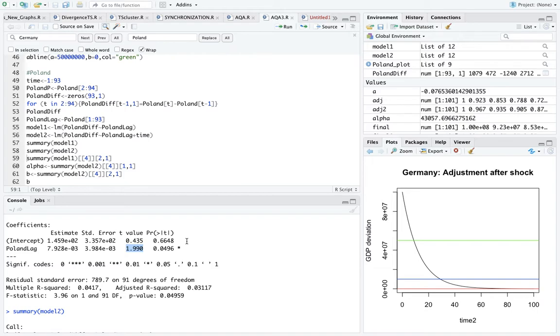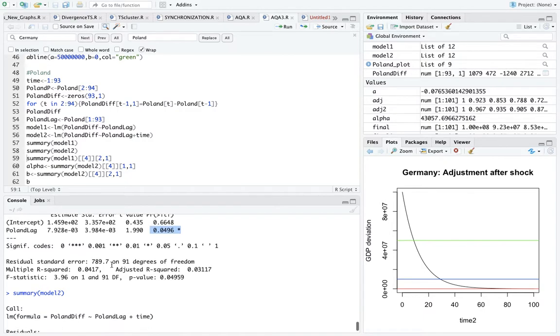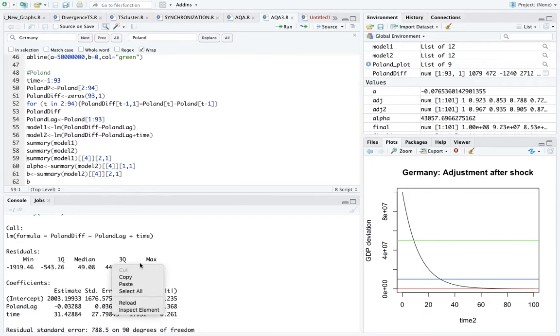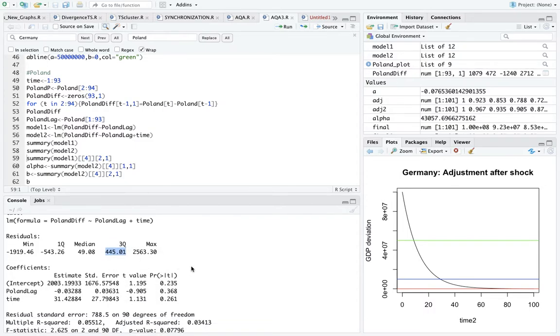So not bad. So we actually have here some evidence that maybe the unit root is not present, and that the Polish economy should not be described using a random walk with drift.